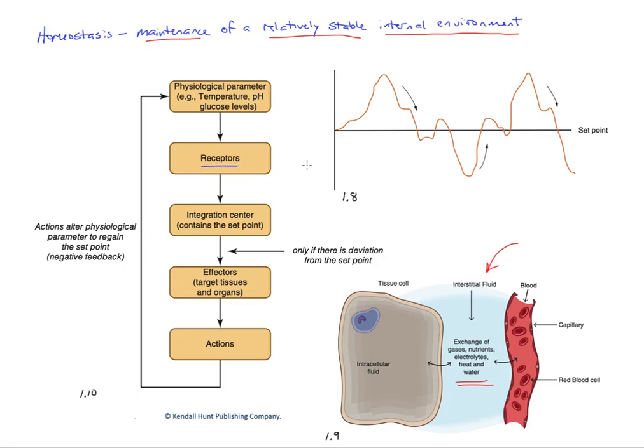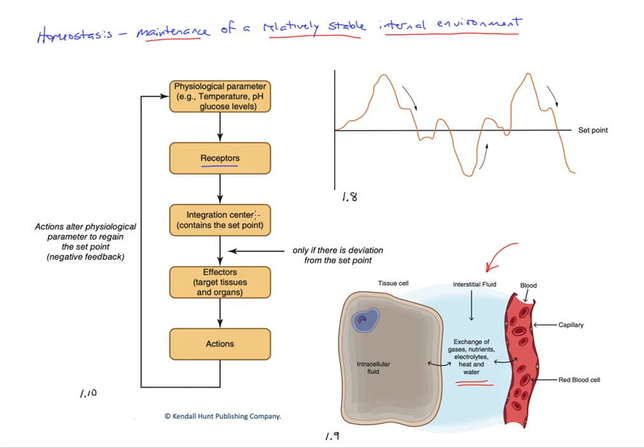So there's a variety of receptor types for these specific parameters, whether that be blood nutrient levels or the waste levels or the gas levels, things like that. Those receptors feed that information. They don't fix the problem. They feed that information into an integration center, often in the brain, but not always.